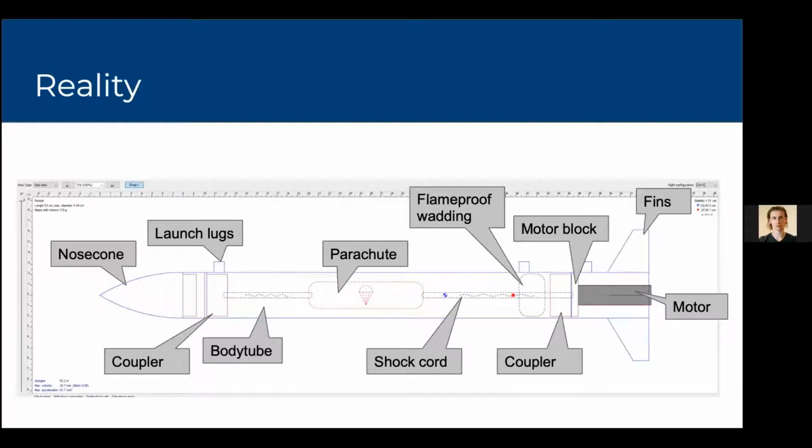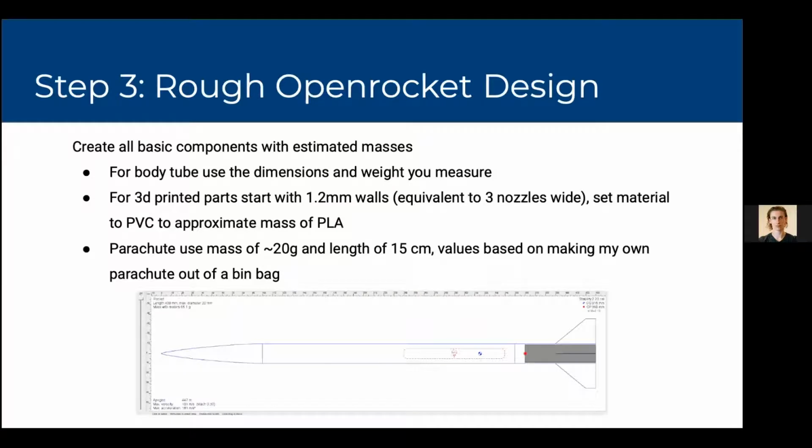And you'll notice this one is a bit of a chunkier boy than the rocket in the other slide. That's because this rocket here is designed around a C6-3 or C6-5 motor. So basically it's heavier.